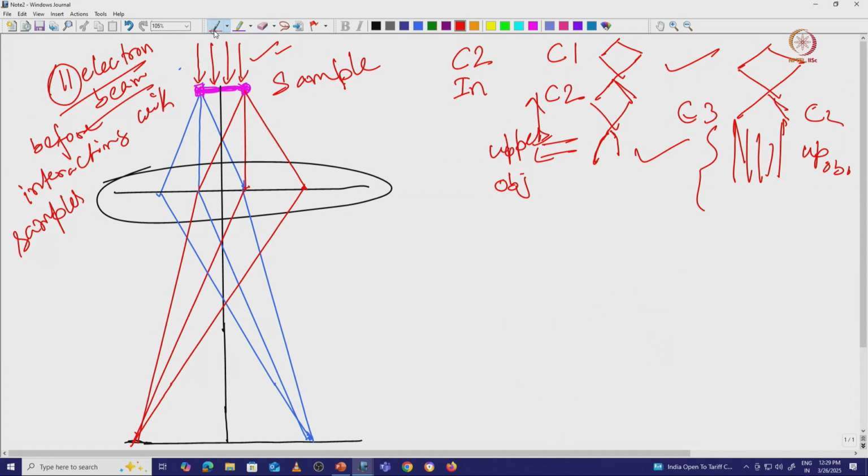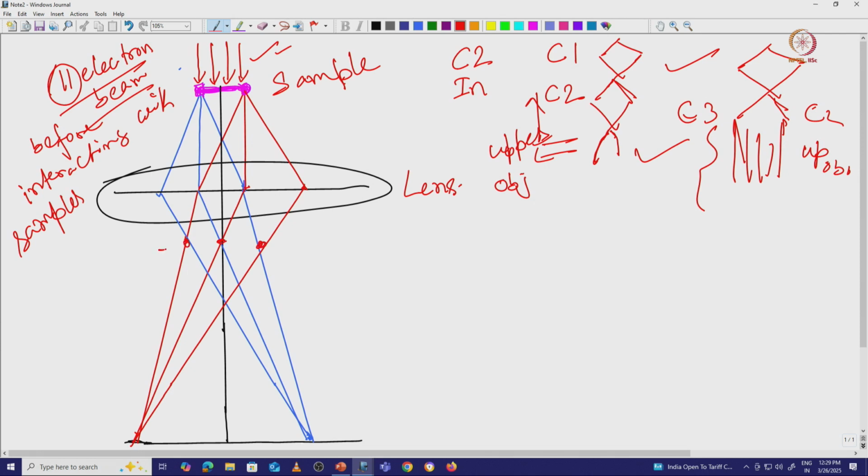Now, if you look here, this is our sample. I told you the beams are parallel. Now, this is the electromagnetic lens system. In this electromagnetic lens system, you can see one very important point: when these rays are going, they are converging at one particular point.